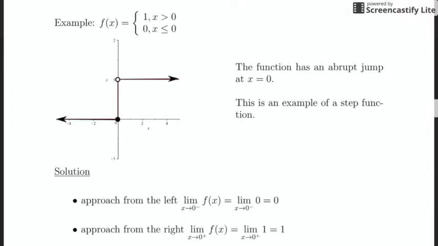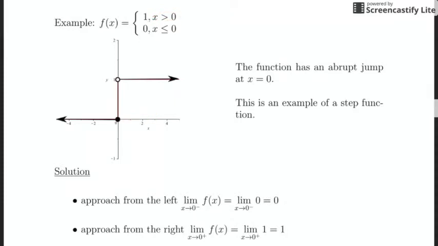However, if we approach it from the right, this time we're using this part of the function right here, because this is where the function is defined to the right of 0.